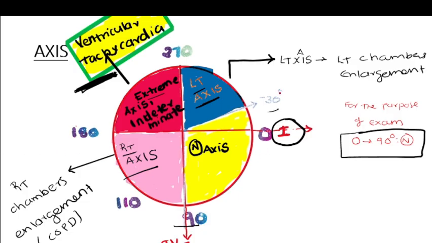As you can see here, on the left side, this area from minus 30 to 90 degrees is the normal axis.